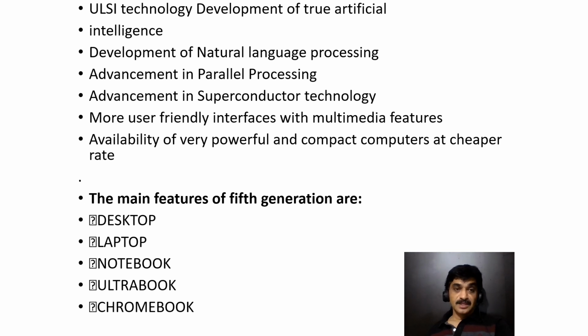This is the considerable or visible impact of artificial intelligence and the microprocessors. You are holding your mobile in hand. This size is because of the technical upgradation that happened in the fifth generation.